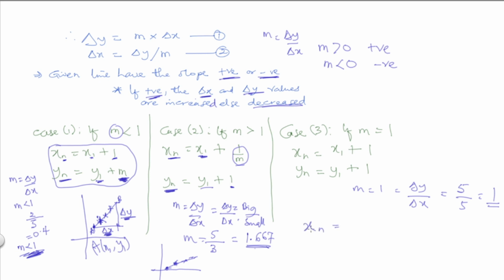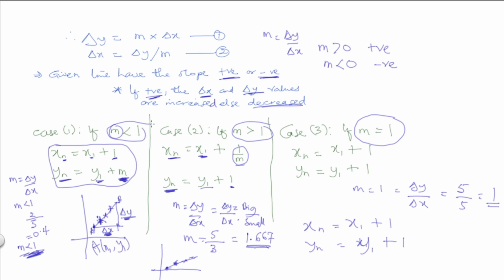So we have x of the new coordinate, the x1 of the previous coordinate plus 1, and the y of the new coordinate will be y1, the old coordinate, plus 1. So these are the three scenarios that we can find when we talk about the DDA algorithm. So these are the three things that you should have in mind.